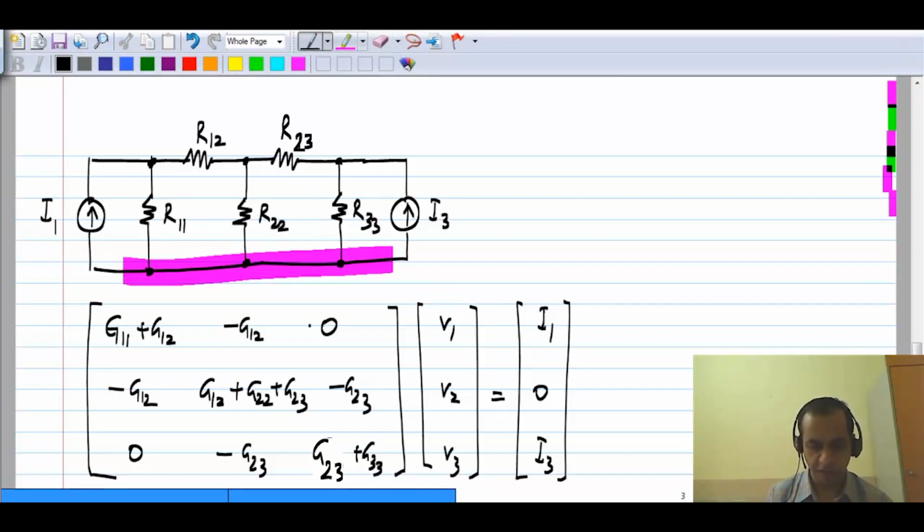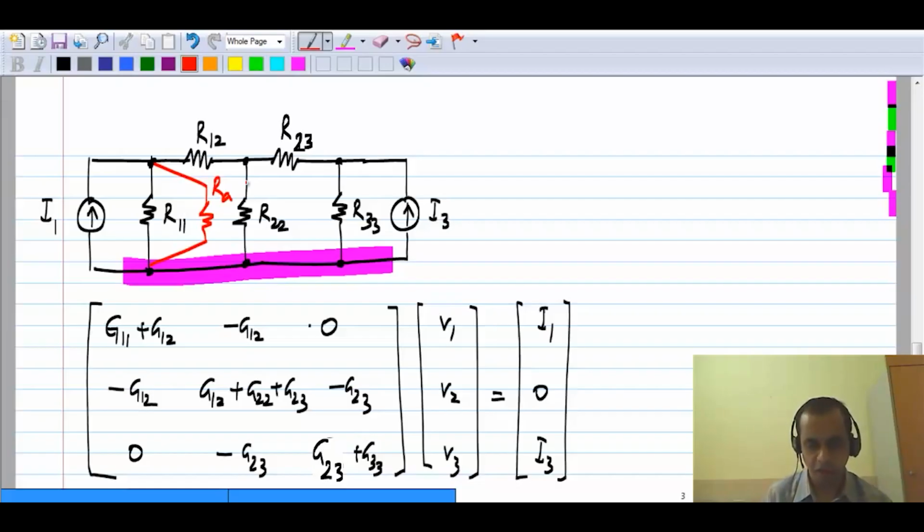So first, let me add another resistance here, RA. Please work out what happens to the nodal analysis setup because of this. In this case it's very obvious. The resistance RA is in parallel with resistance R11, so the conductances simply add up.